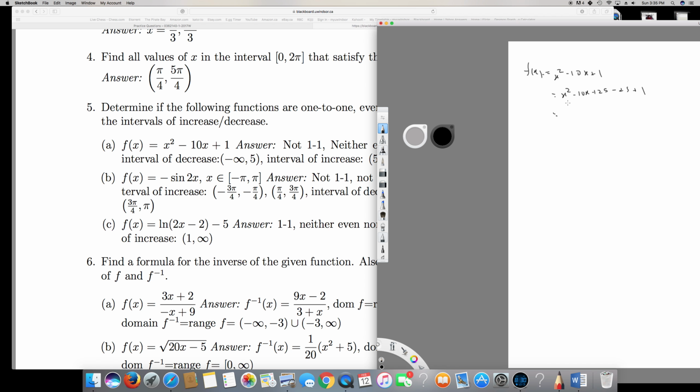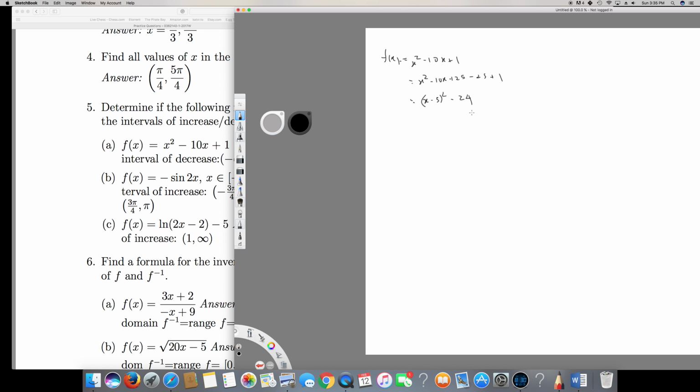In this way I have brought it to the (a minus b) square form. Now I can put it in that format: x minus 5 whole square, and minus 25 plus 1 is going to be minus 24. Now it's easy to draw the graph. It's going to be a parabola opening up because x square is positive.